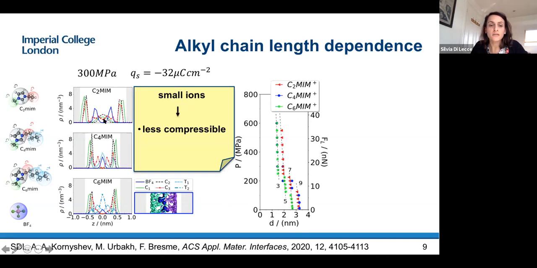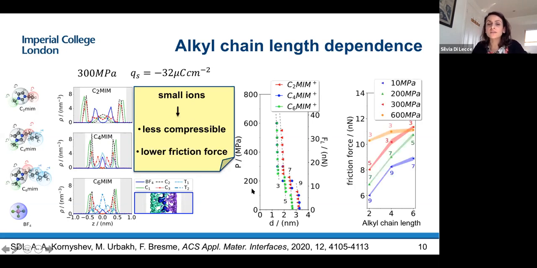So we have bigger thickness for small ions than for longer chain lengths. And also the pressure that we need in order to squeeze out these 2 layers is actually bigger for small ions than for long cations.